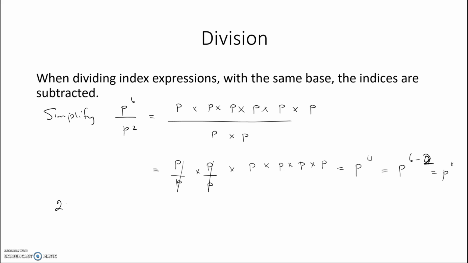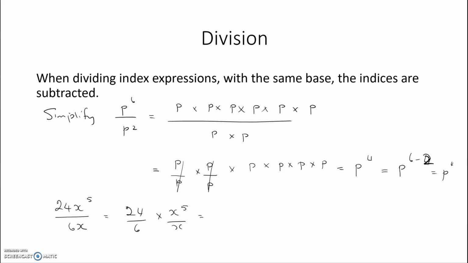Another example like 24 x to the power of 5 over 6x. We can split that up as 24 over 6 times x to the 5 over x.